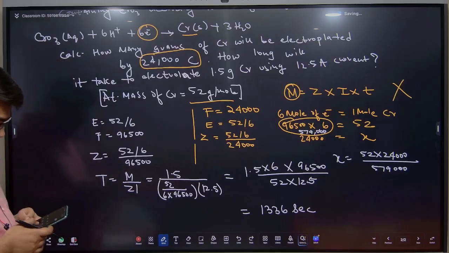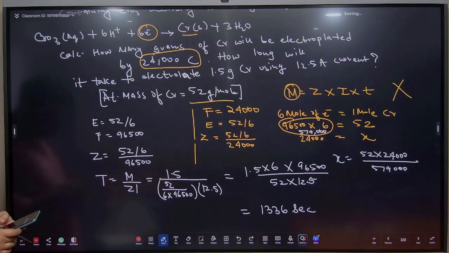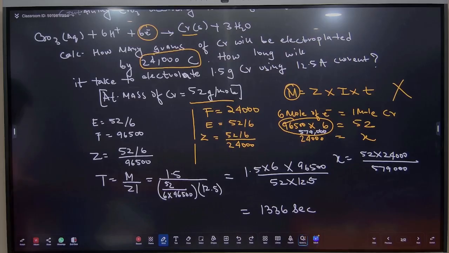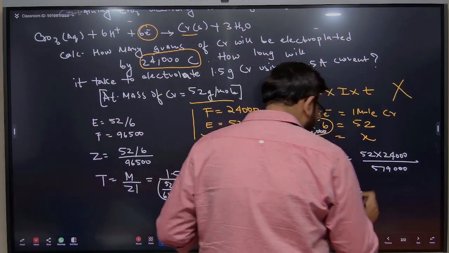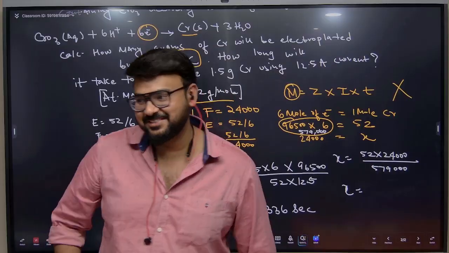So 52 into 24,000 divided by 5,79,000. I got the answer, but I can use a calculator, guys. You people can't use it.